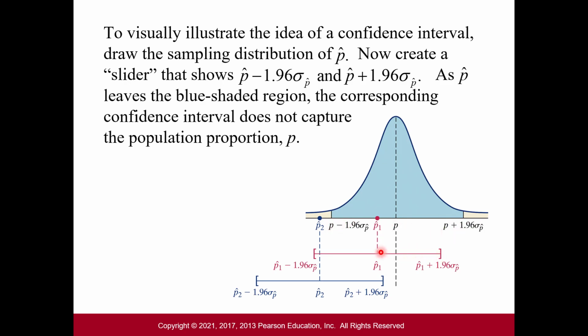And then if we start adjusting, if we say our p hat is less than p, then think of this interval as slid over to the left. If p hat is way further down here, way to the left, notice that our original population proportion is no longer within this interval at all.